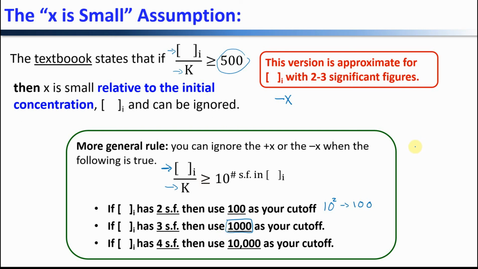So let's say I have like 0.10 molar of something. So that would be 2 sig figs. This 0 counts. And if I divide it by a K and I find out that this value here is smaller than the 100, so the 0.10 molar divided by my K, if that is smaller than my 100, what am I saying with that value? Well, look at where this place is.